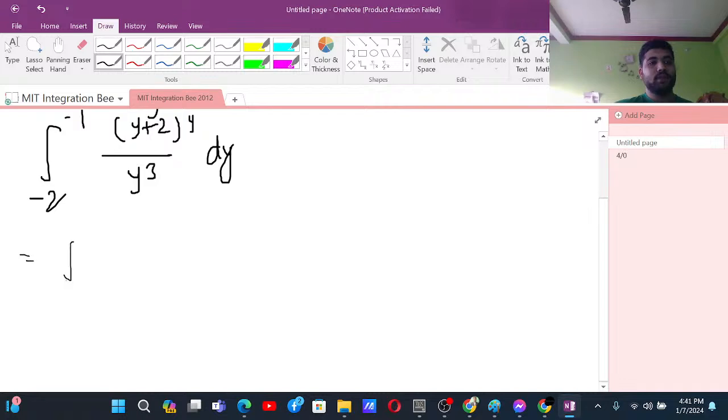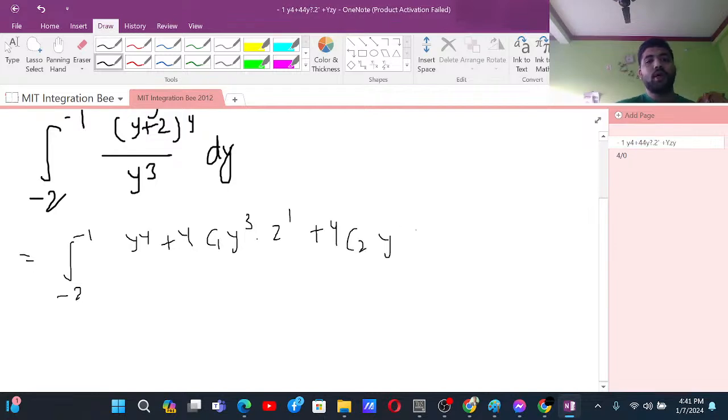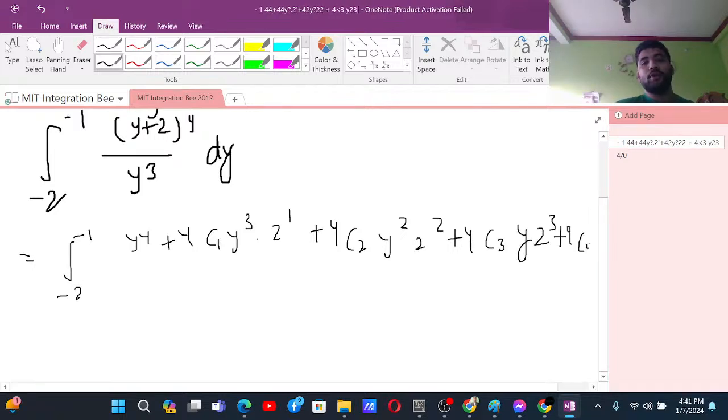and that gives us the integral from -2 to -1 of y^4 + 4C1 y^3 + 4C2 y^2 * 2^2 + 4C3 y * 2^3 + 4C4 * 2^4.